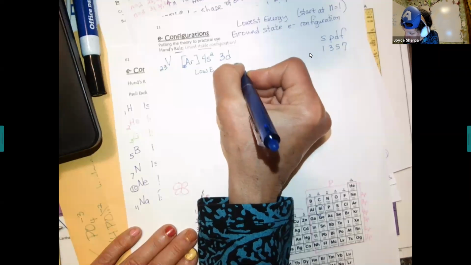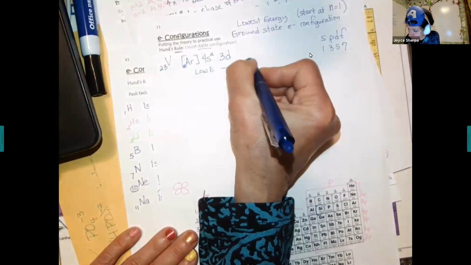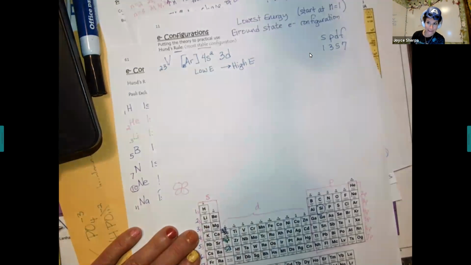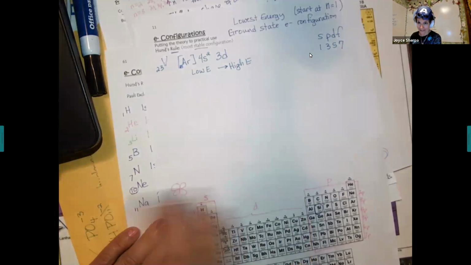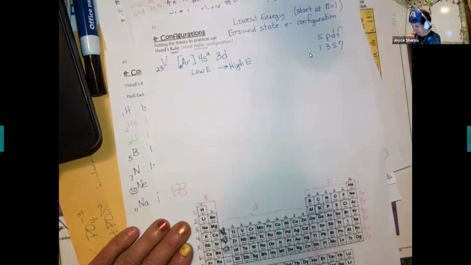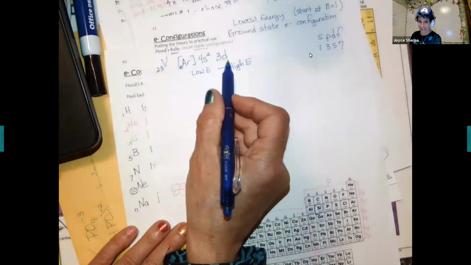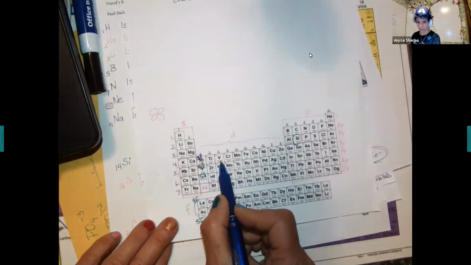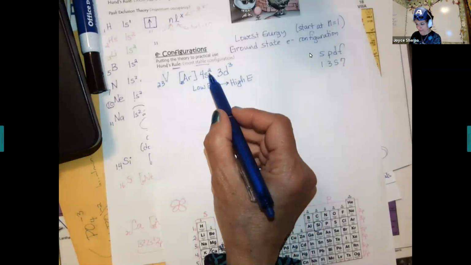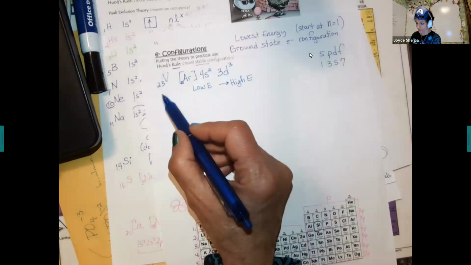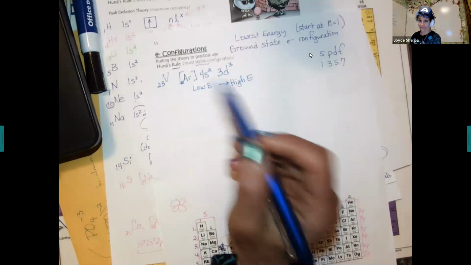To get full credit when you show these, you have to show it this way. Google shows it a different way, and I can explain that way, but we're going to show how they're filling in. The 4s comes first, and then the 3D, and you can count over 1, 2, 3. So 3 electrons must be in the 3D. That gives me 18 plus 2 is 20, plus 3 more is 23.